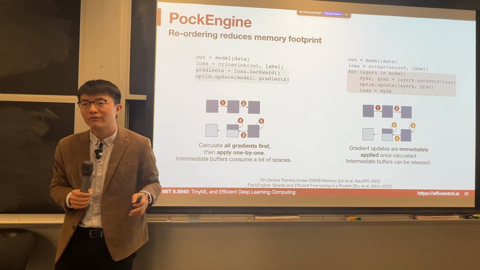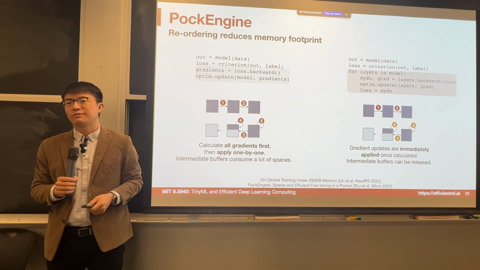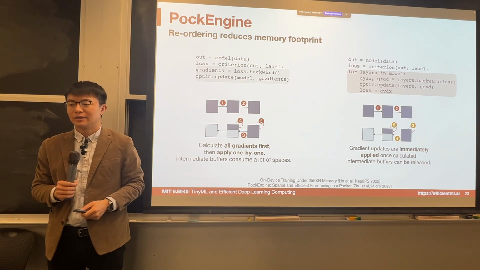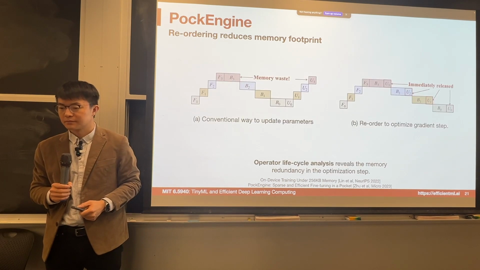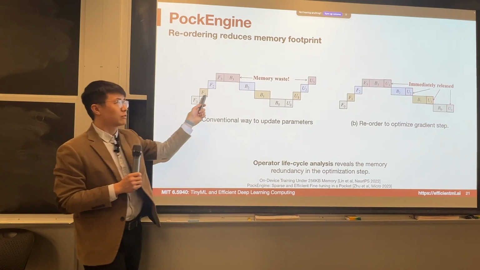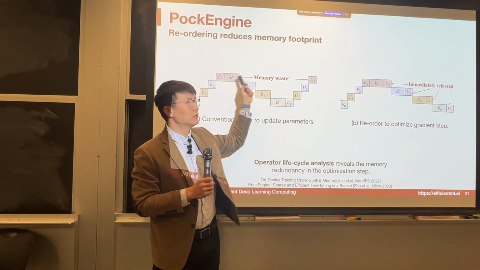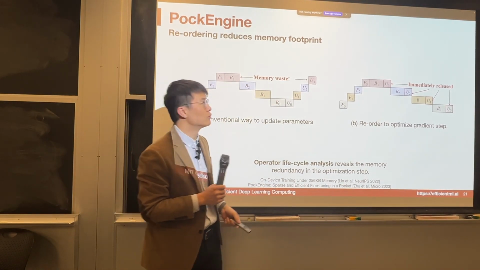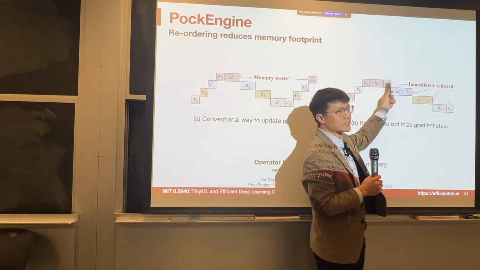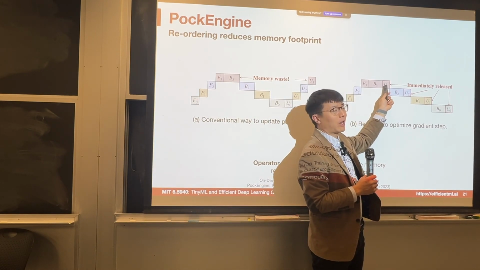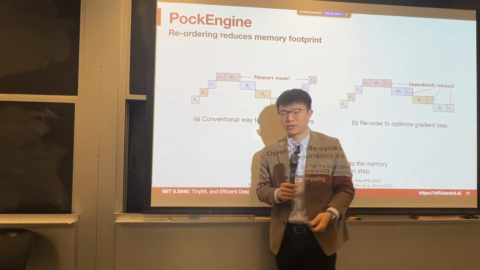Whenever you are ready, you just release the buffer by applying the update. Compared with a big life cycle that leads to memory waste, we immediately release that buffer by applying the update as soon as possible.